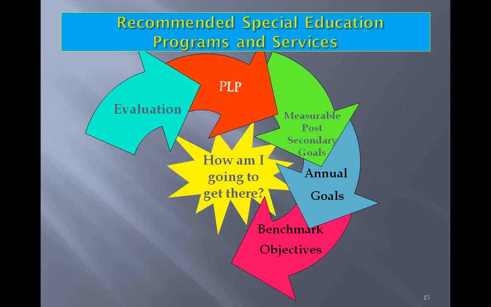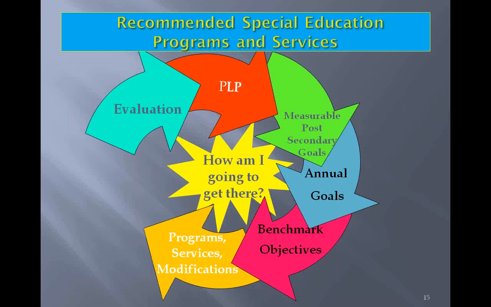Then after we talk about benchmarks and objectives, we talk about programs, services, and modifications. What falls under those categories is extended school year service. Again, it's students who are eligible to receive special education services during July and August. So it's really summer school. In order to qualify, New York State requires that you show substantial regression.